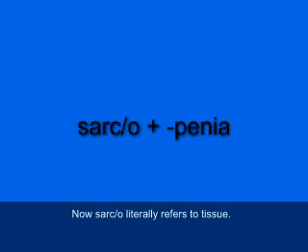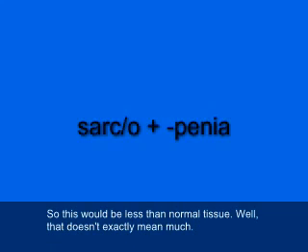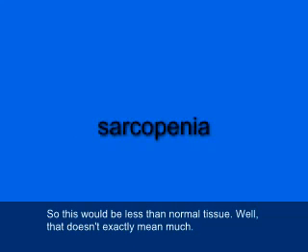Now, sarco literally refers to tissue. And we have seen penia before, like in the term osteopenia, meaning less than expected or less than normal. So this would be less than normal tissue. Well, that doesn't exactly mean much.